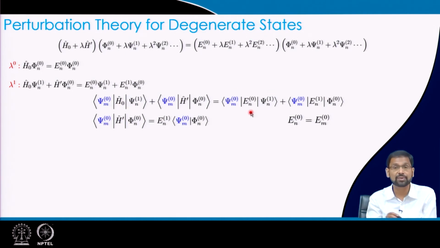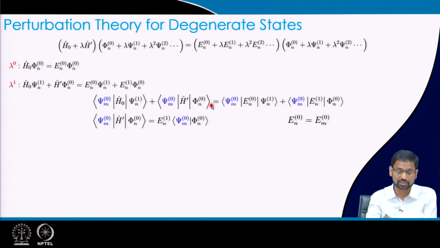Look at the first term of the right hand side. It simply has En0 in the middle. I can bring this out, so I get the overlap of psi m0 and psi n1. The first term on the left hand side and the first term on the right hand side turn out to be equal, because psi m and psi n both have the same energy, En0 or Em0.